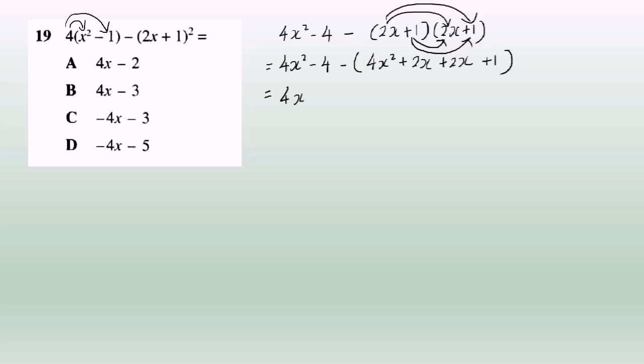So open the bracket: 4s squared minus 4 minus 4s squared minus 2s minus 2s minus 1. The 4s squared minus 4s squared eliminate already. So we have negative 4s minus 5. So the answer is D.